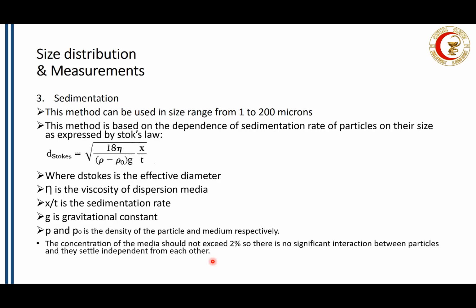If we have a concentrated solution, then the particles will be attached to each other, resulting in clumps, and give us a faster sedimentation rate, and this faster sedimentation rate will give us a larger diameter, and this will give us a false result, because what we are measuring here is the size of particles in the dry state.